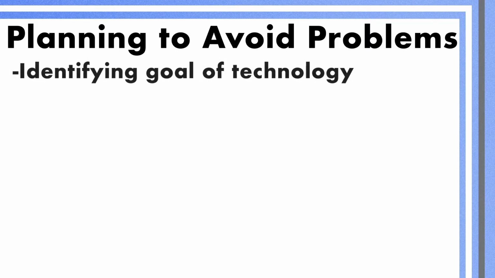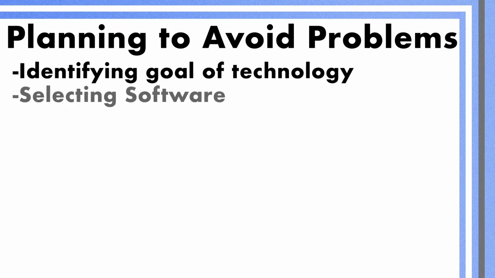So, it's important to avoid problems as much as possible, and this begins with the earliest point in selection, purchase, and implementation. There must be identified goals for adopting a health IT system, which can help lead to smart decisions in the type of software selected. So you have to know what you want to achieve before you can go ahead and select something.